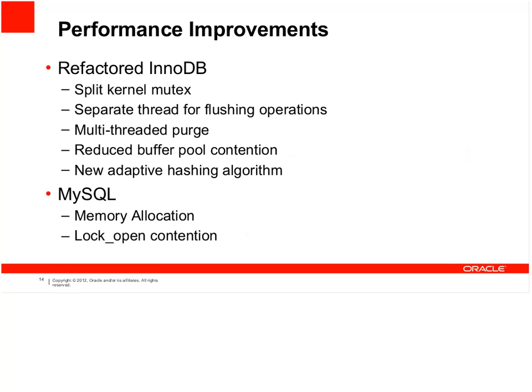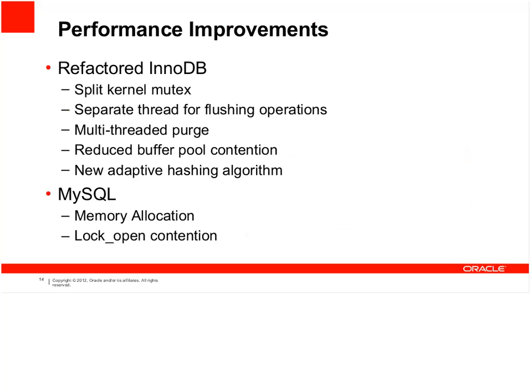When talking about performance, it's a little hard to go into everything because a lot of them are very detailed, very low-level issues. So here is just a list of some of the things that are fixed. They split the kernel mutex, separate threads for flushing operation, multi-threaded purge, reduced the buffer pool contention, new adaptive hashing algorithm.